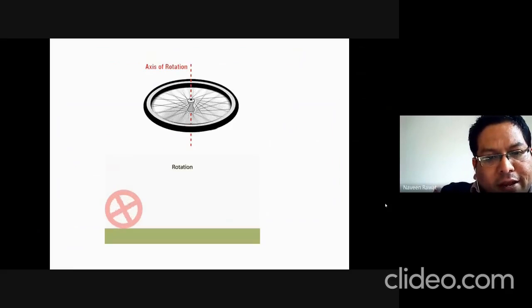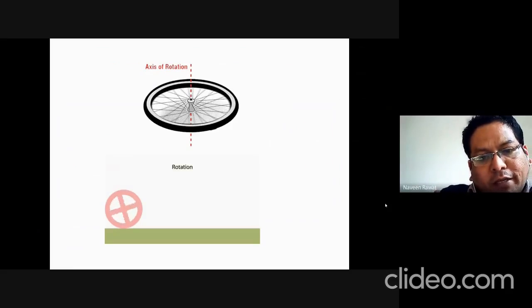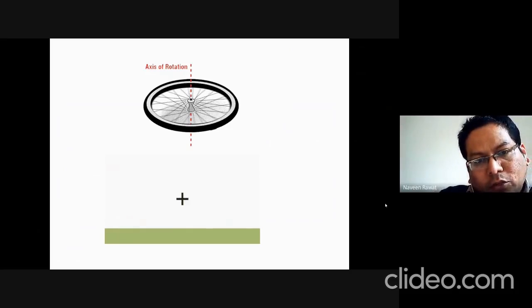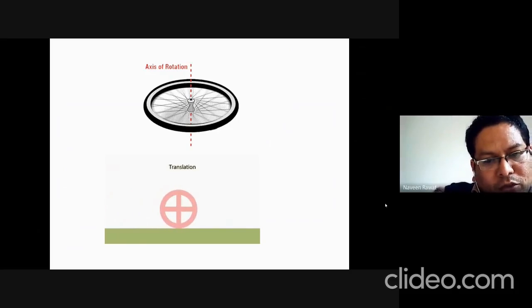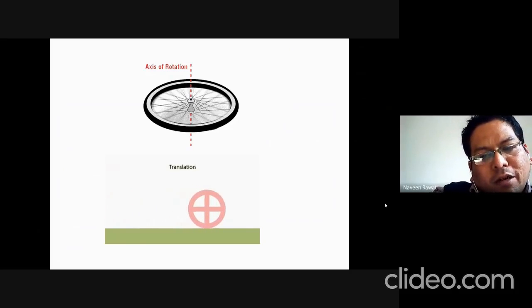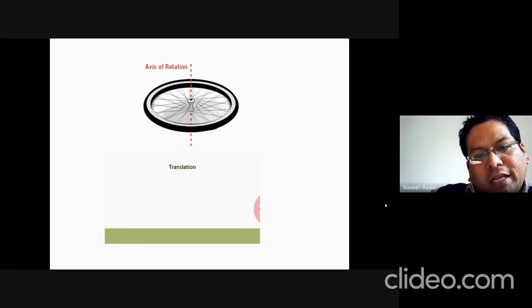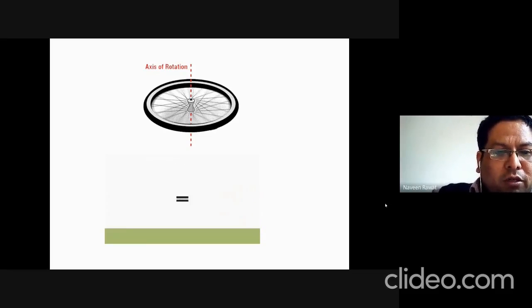We can assume that the object is just rotating, for instance, and then we can assume that the object is just doing translation, and then we can add both of these together to get the complete motion when an object is doing translation as well as rotation.